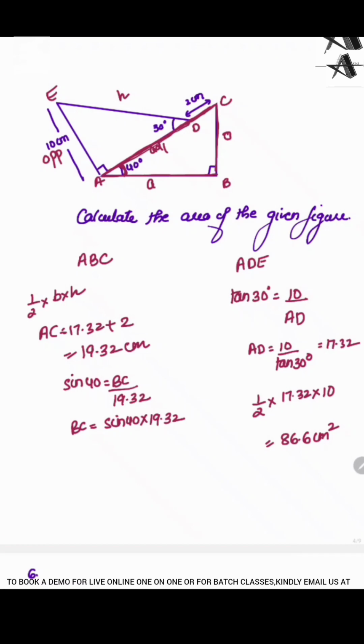Similarly, I can calculate adjacent, which is AB, by applying cos theta. So cos 40 degrees is adjacent AB over hypotenuse, that is 19.32. On cross multiplying, I'll get AB is equal to cos 40 into 19.32.